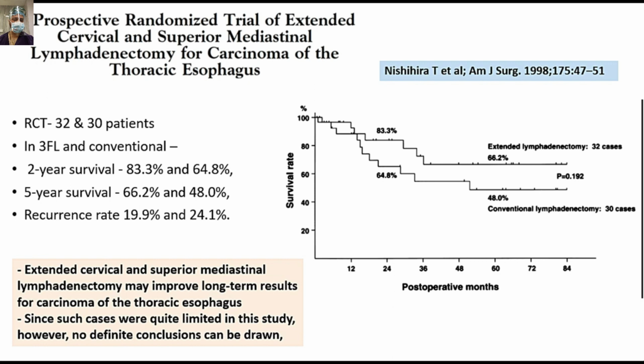Recurrence rate was 9.9 versus 24.1. The extended cervical and superior mediastinal lymphadenectomy may improve long-term results for carcinoma of the thoracic esophagus. Since such cases were quite limited in this study, however, no definite conclusion could be drawn from it.